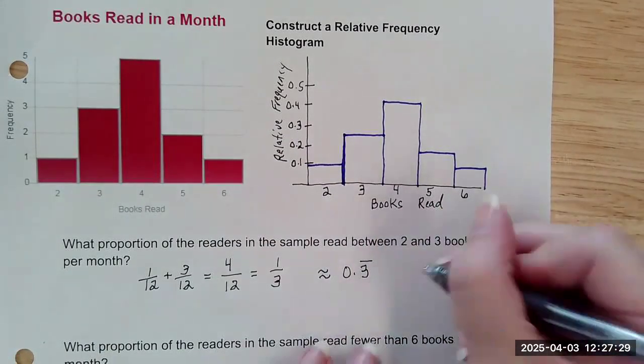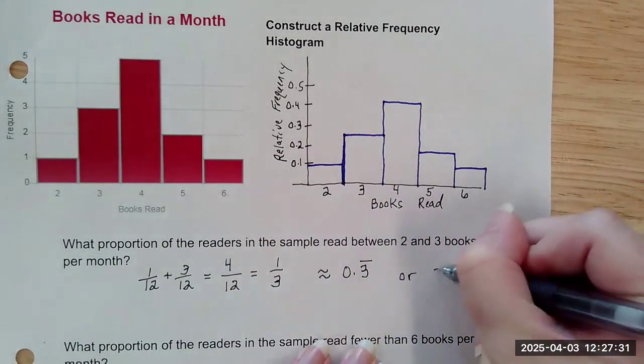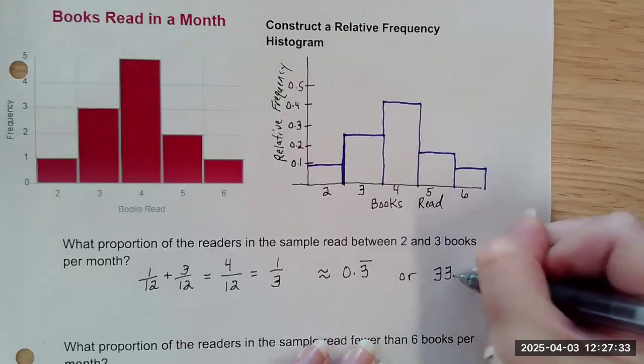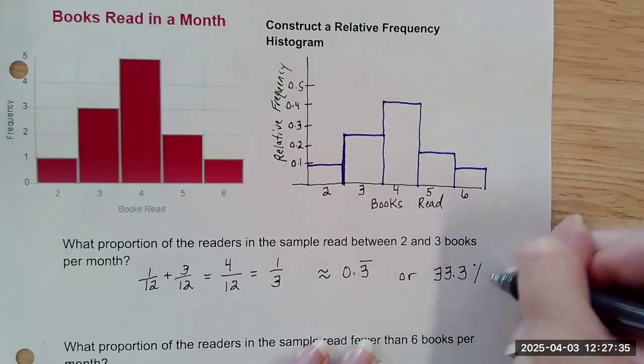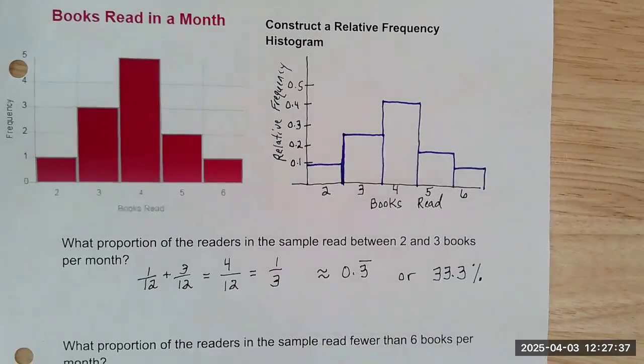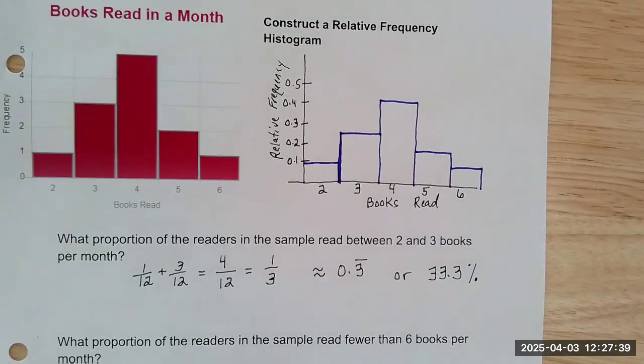Or in terms of a percentage, that would be about 33.3%. Those are all valid ways for you to give the proportion. So you could give the proportion as 4/12, that would be okay. You could give the proportion as 1/3, that would be okay. You could write it as the decimal, or you could give the percentage. Those are all equivalent to each other.